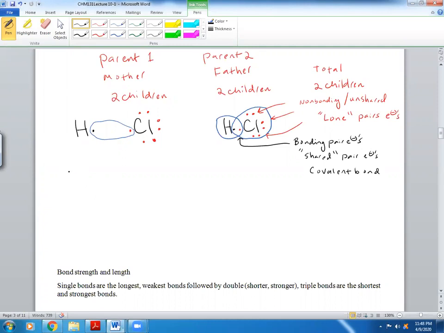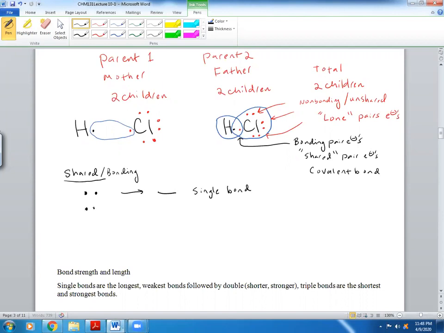If you have a shared or bonding pair, 2 dots shared, we don't like to use dots anymore. We're just going to use a line, and that's called a single bond, single covalent bond or single bond.